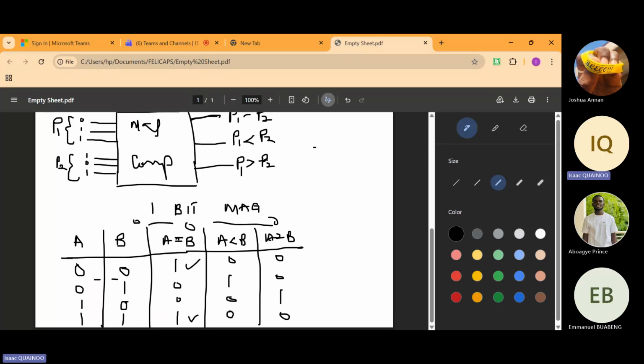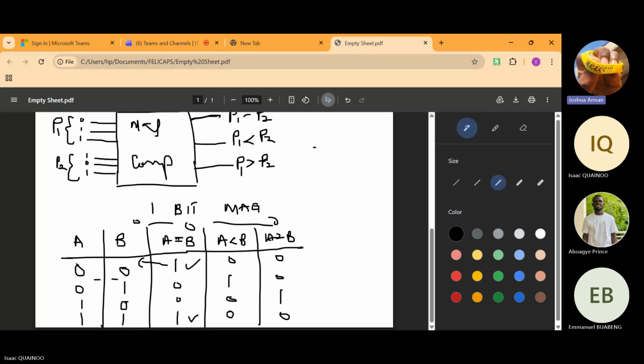Just look to your left and ask, what are the A and B values when A equals B was 1? You can see that the A and B values are 0 and 0. So if you are writing that 0 and 0 in terms of A and B, how are you going to write that? Can someone tell us?